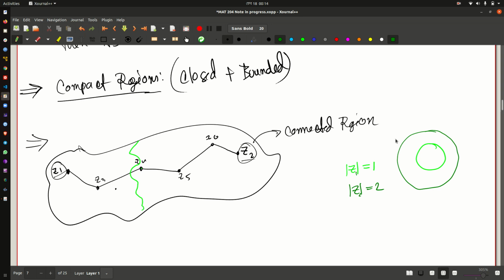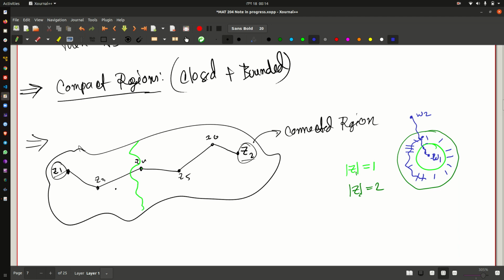a disconnected region, see this thing, if this is our region of interest, this one, that is something like an annulus, we can obviously define points over here and we can connect them like this. But if we have a point over here, let's say this is w1 and there is another point exterior to this modulus of z equals 2 circle, let's say w2, we cannot join these 2 points with the help of the broken lines, because you would have to cross this boundary.